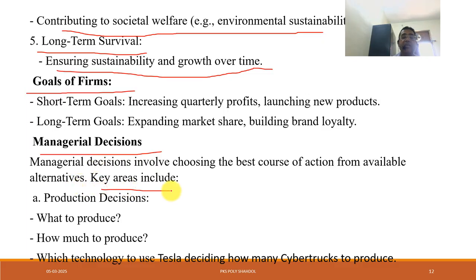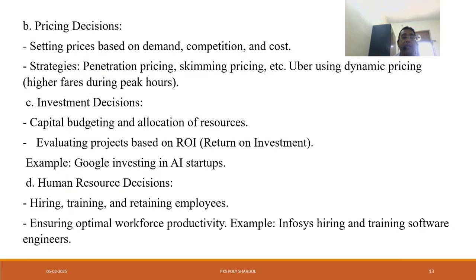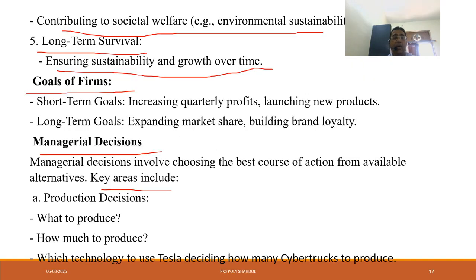The key areas include production decisions, pricing decisions, investment decisions and human resource decisions. What is a production decision? It means what to produce, how much to produce and which technology to use. For example, Tesla decides how many Cybertrucks to produce.